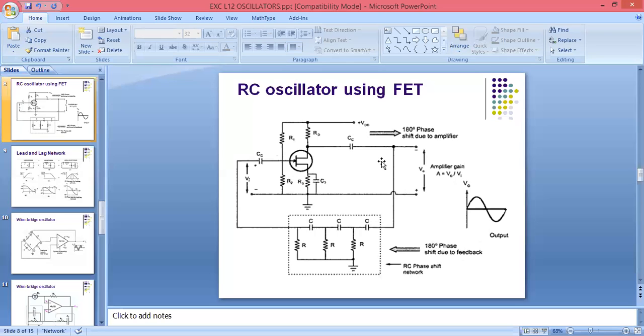So to give again 180 degree phase shift, we are using here 3 RC network, because one RC network is giving approximately 60 degree phase shift.